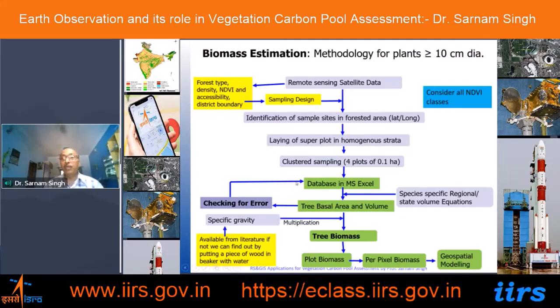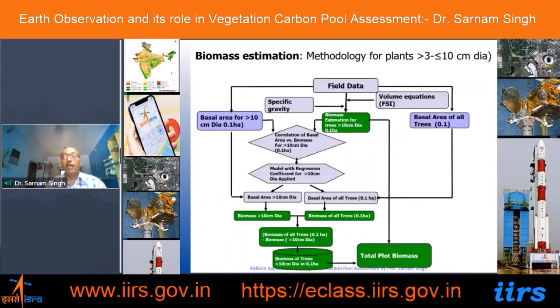In between, there are 2-3 exercises which you can think of. You can try to check the error actually, because when we do the field observations, the field conditions are not very helpful. There could be some error in typing or writing or noting down. So how to check those errors? There is a possibility to check all that, and I'll show you some graphs of that.